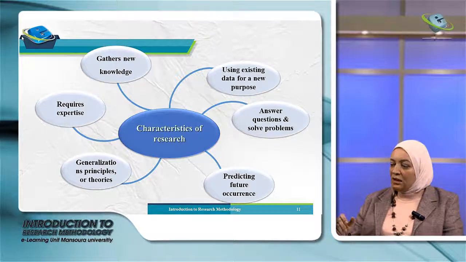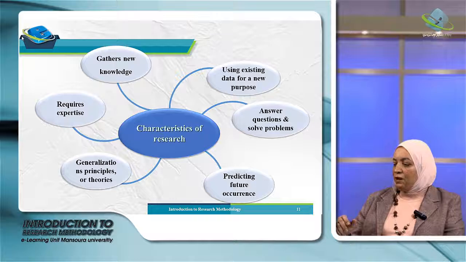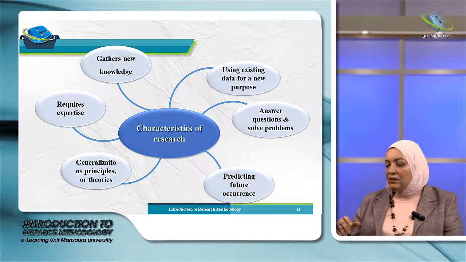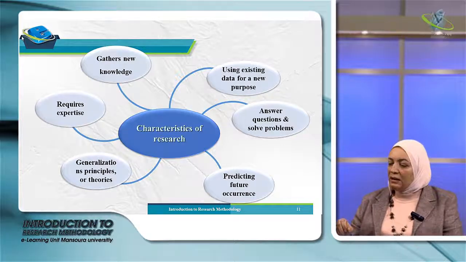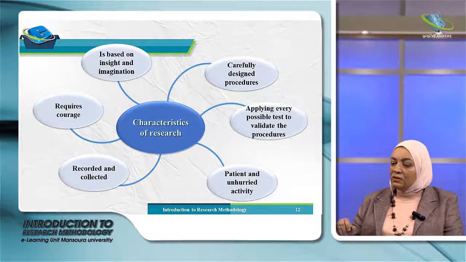Answer questions and solve problems. Predicting future occurrence: if we have risk factors like smoking, we predict it may lead to cancer. Generalizations, principles, or theories. All of this requires expertise.